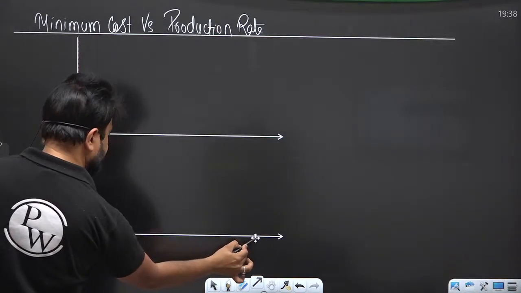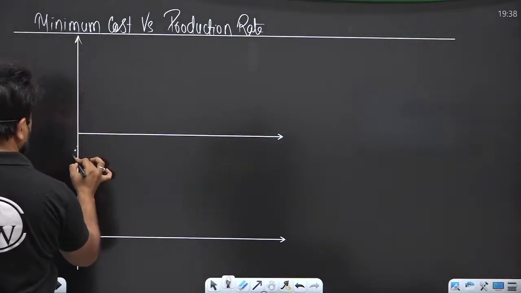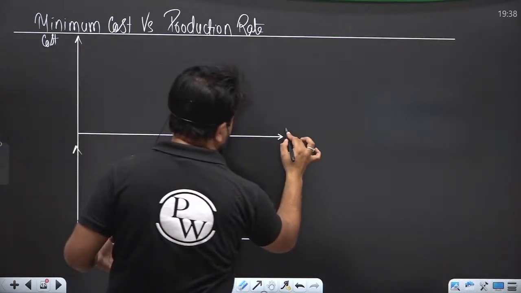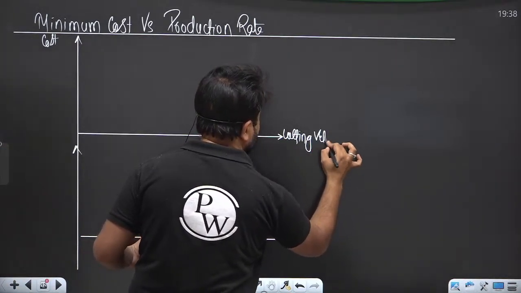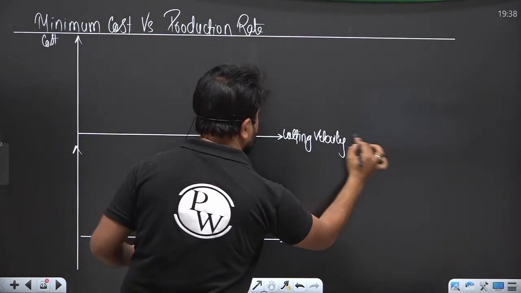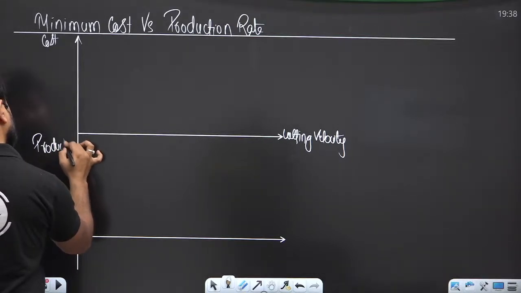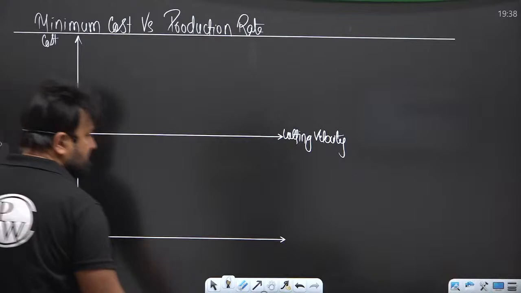Now this is cost versus cutting velocity, and this is production rate versus cutting velocity.